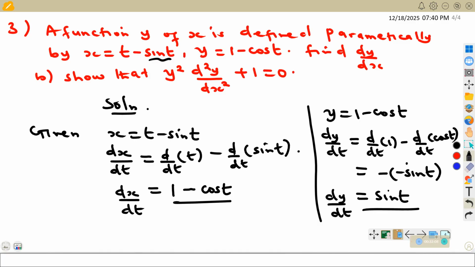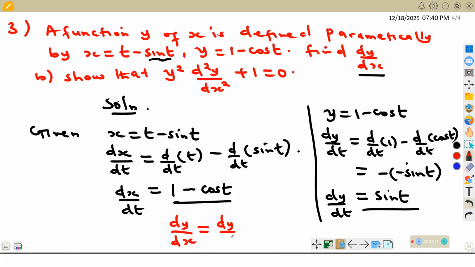But remember our interest is to get dy/dx. So how do we get dy/dx if we have dx/dt and dy/dt?